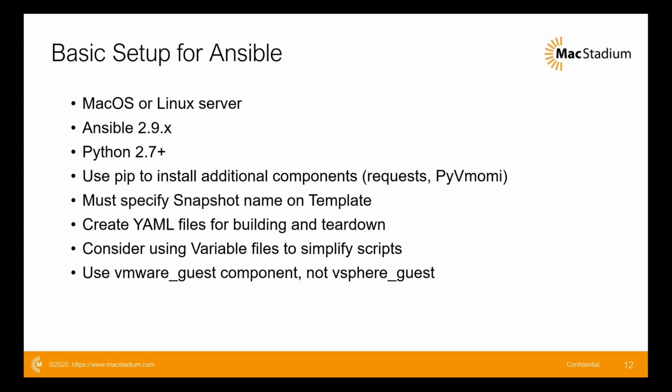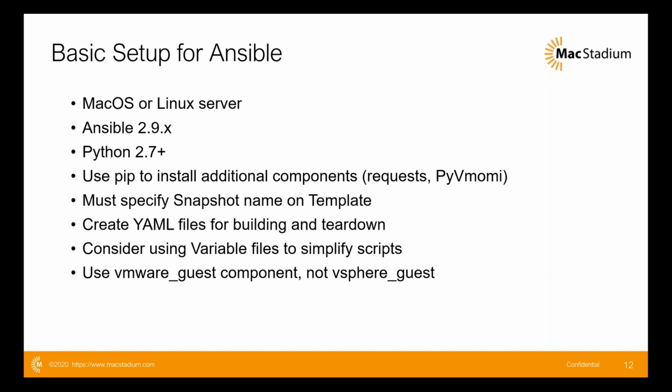When I took my snapshot on my template, I gave it a name, and I need to know what that name is so that I can reference it as part of my Ansible deployments. I've created two separate types of YAML files, one for building up my VMs and one for tearing them down. You don't have to use variable files to do this, but it is recommended because it'll definitely speed up the workflow and process, and I'll show you in our demo what that looks like.